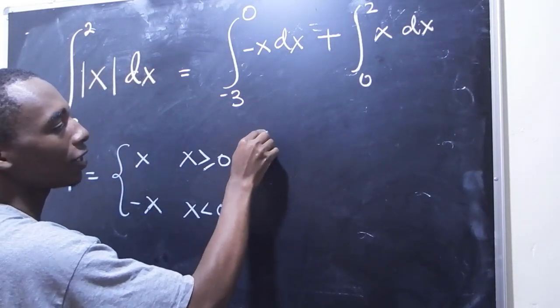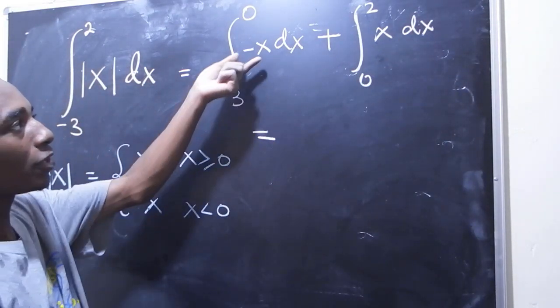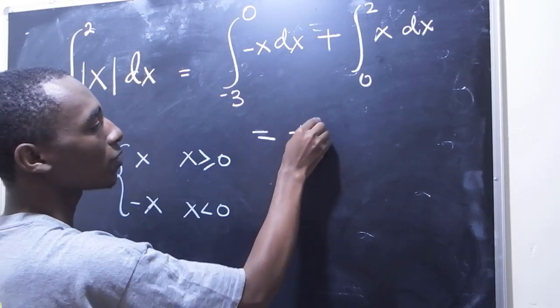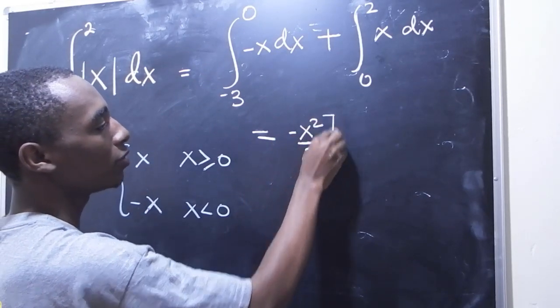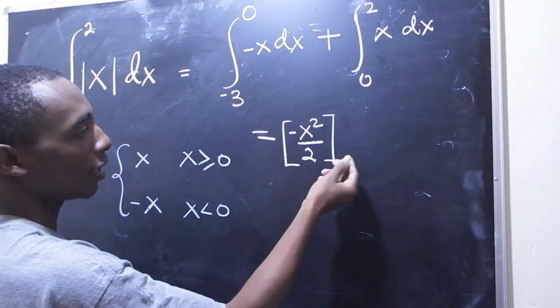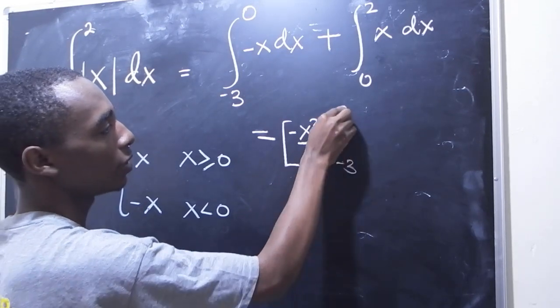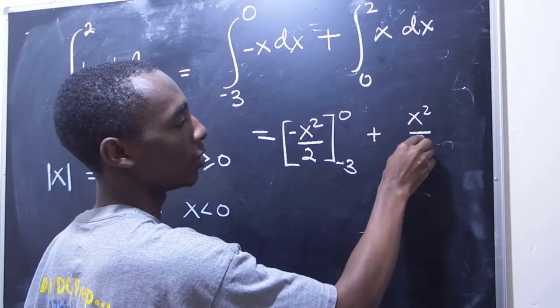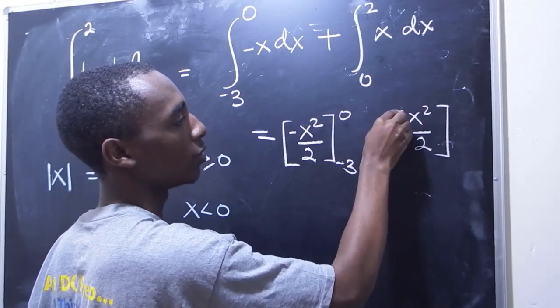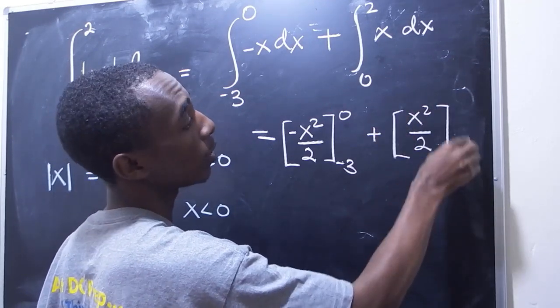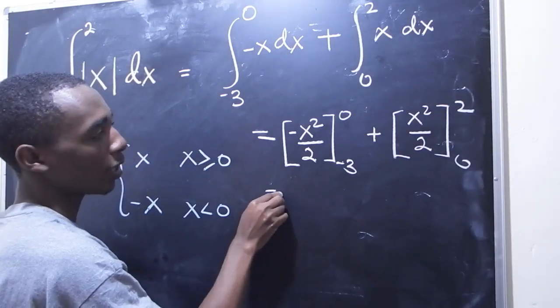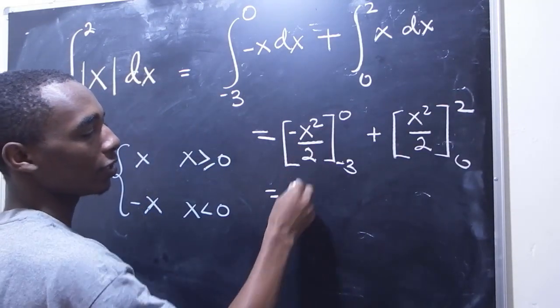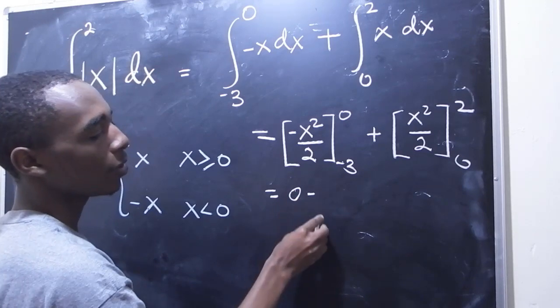Alright, so let's go ahead and do the integration here. This is -x² divided by 2. The limits are -3 to 0, plus this is x² divided by 2 from 0 up to 2. Let's plug in the limits here. If I put in 0, I'm going to get a 0.